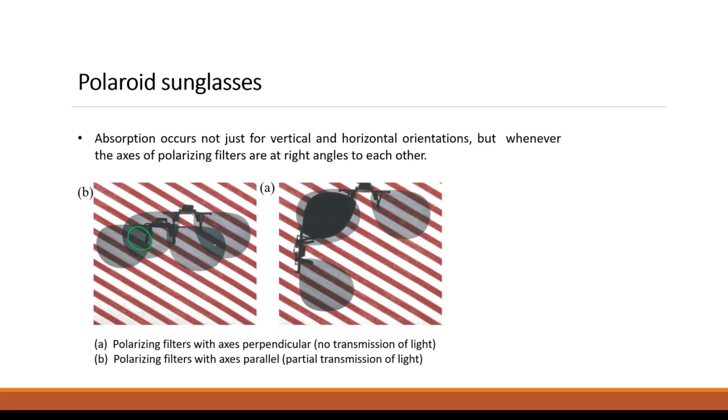And then if we turn the same filters, two copies, perpendicular to each other, then polarizing filters with perpendicular axes have no transmission of light. This is a really dark spot, not because they're vertical or horizontal. Notice these represent the horizontal lines, so we're on an angle here, but it's the axes, so it doesn't matter. It's just the right angle nature and not vertical and horizontal orientations.